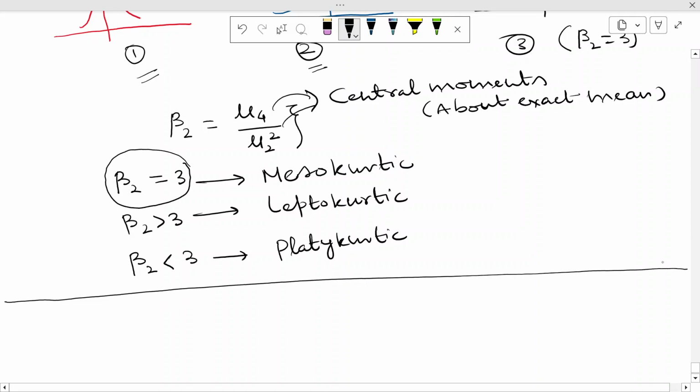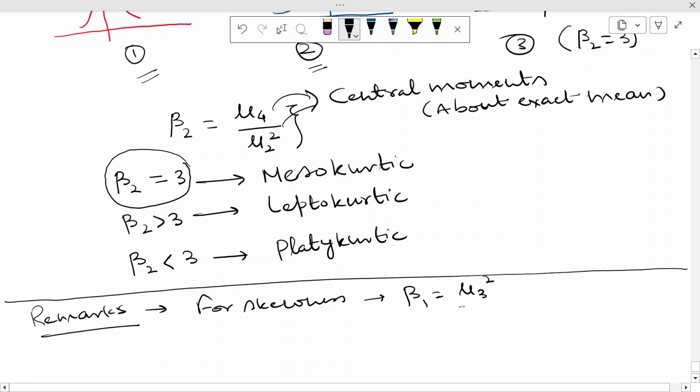Now, if you are given certain data and you have to calculate, here we can have certain remarks. If you have to study only skewness, then for skewness we have to calculate beta 1, which is defined as mu3 square over mu2 cube.